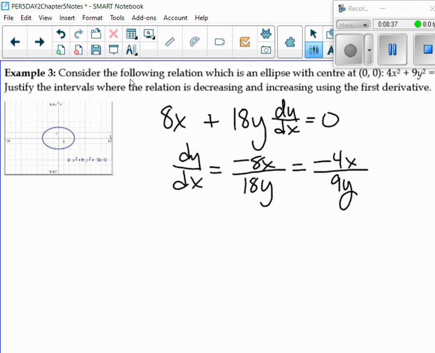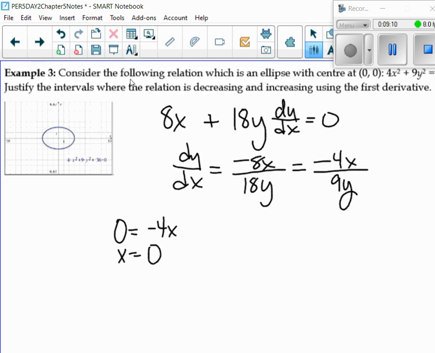Okay, so where are the critical points here? Right, because the increasing and decreasing will have to do with where we need to get some intervals here. So yes, where it's 0 or doesn't exist. So we're going to set it equal to 0. So 0 equals negative 4x, so that means x equals 0.